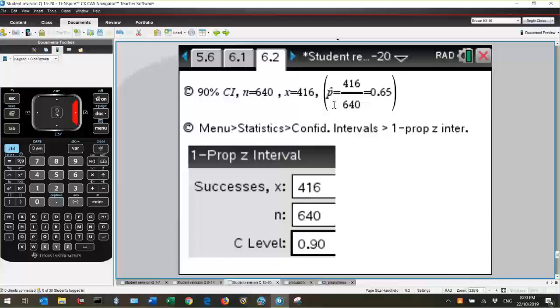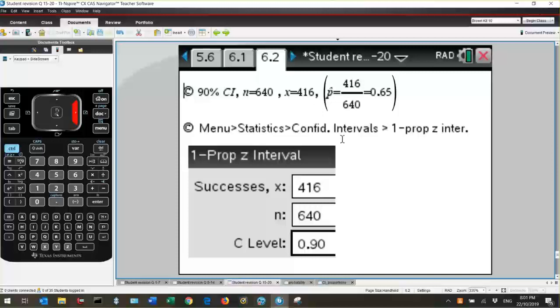If I wanted the proportion of successes, it would be 416 over 640. But in order to use the confidence interval template, we don't actually need that. So you need to go menu, statistics, confidence interval.